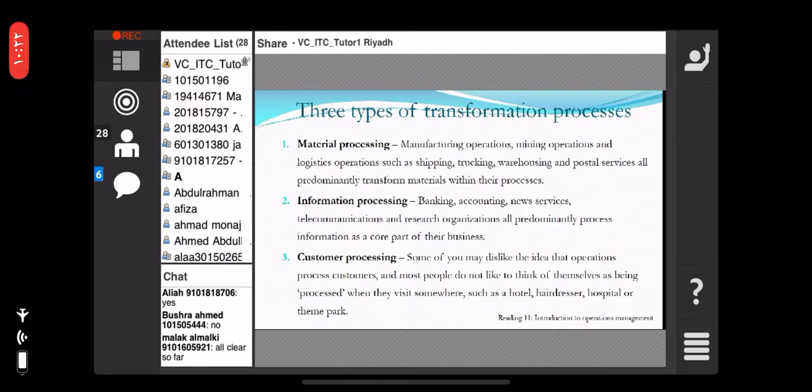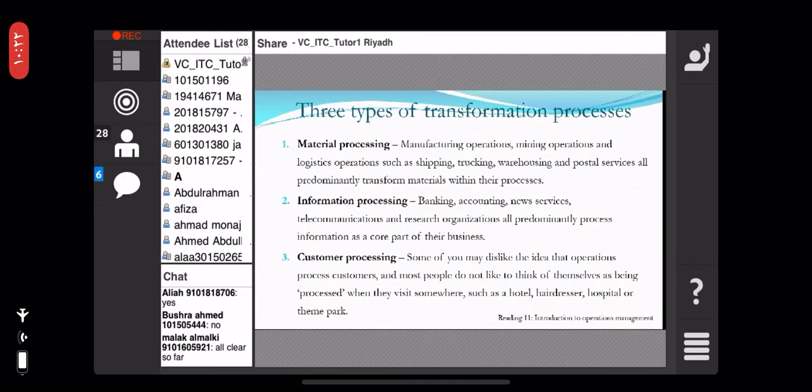Number three, customer processing. Some of you may dislike the idea that operations process customers, and most people do not like to think of themselves as being processed, when they visit somewhere such as a hotel, hairdresser, hospital, or theme park. Customer processing means customers are passing through the services.